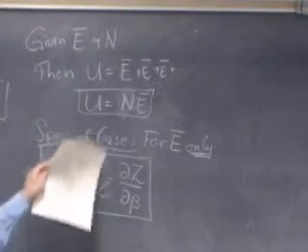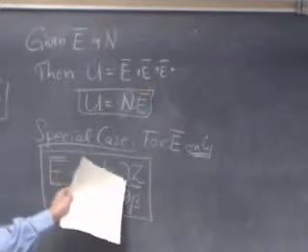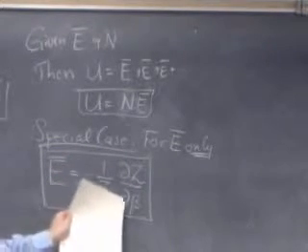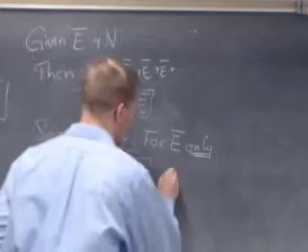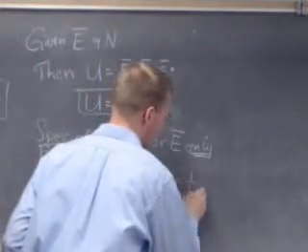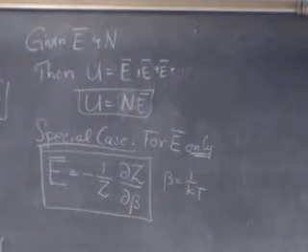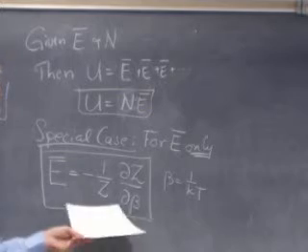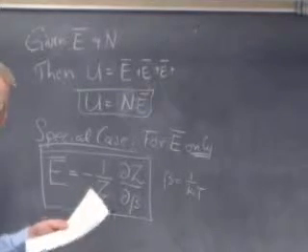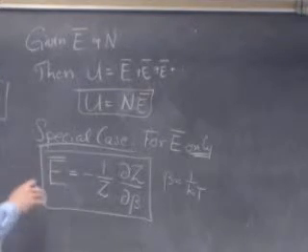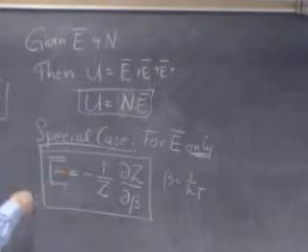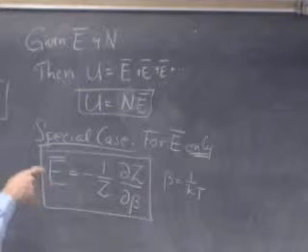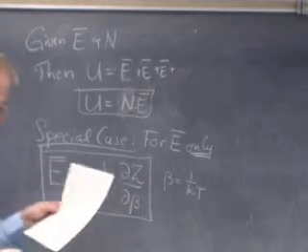So negative 1 over the partition function times the change in the partition function with respect to 1 over kT, beta. Like I said, using beta rather than 1 over kT can make it easier when you need to take a derivative. We can still use the general equation for the average value of some property of the system when we want to do the energy, but this is often easier.